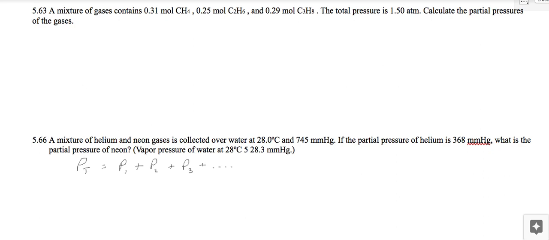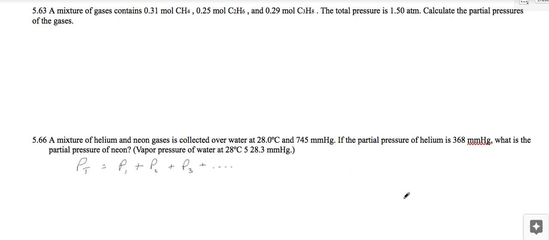If we look at number 66, we have a mixture of helium and neon gas that is collected over water at a certain temperature and at 745 millimeters of mercury. Now let's talk about this briefly and see if we can make sense of what the problem is trying to confuse us with.